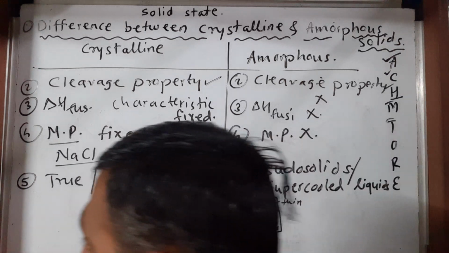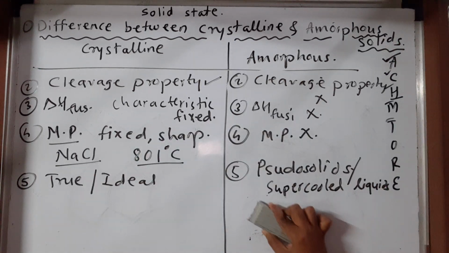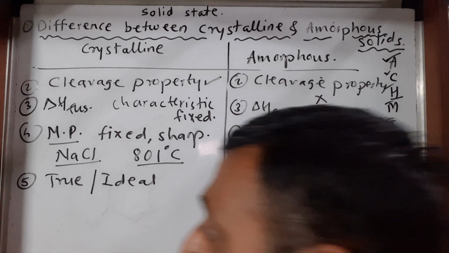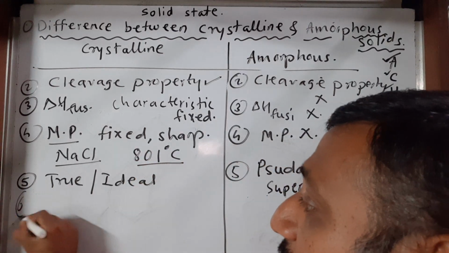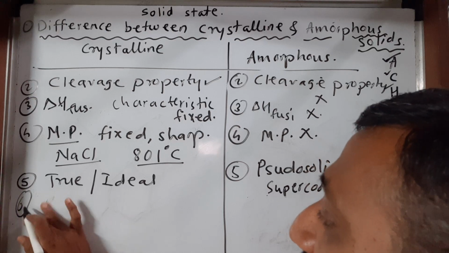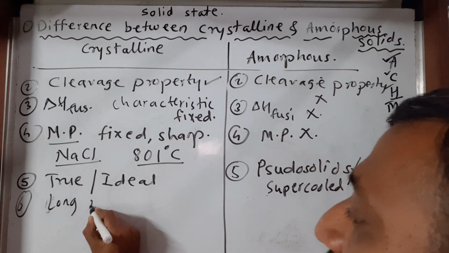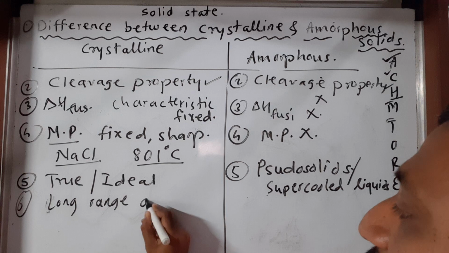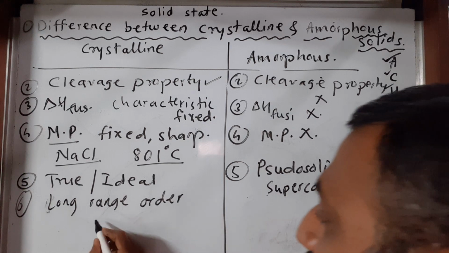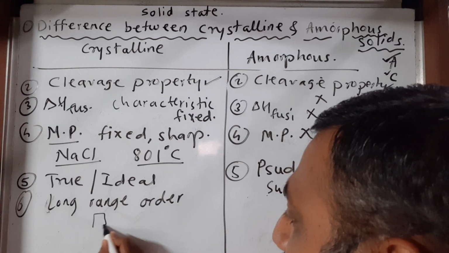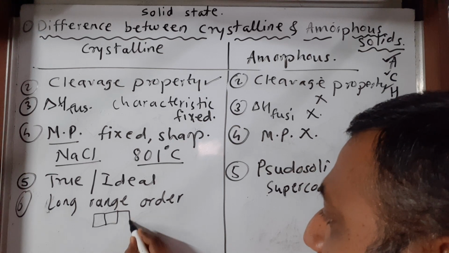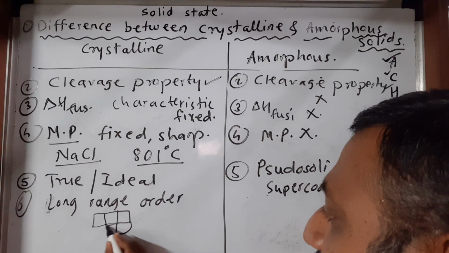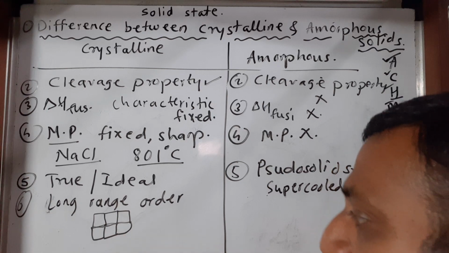Now, the sixth point of differentiation is O, which stands for order. Here we have to take the meaning as long range order. What does it mean? Suppose there is a certain repeating pattern of the crystalline solid, here another repeating pattern, and this repeating pattern is repeated again and again, three-dimensionally.